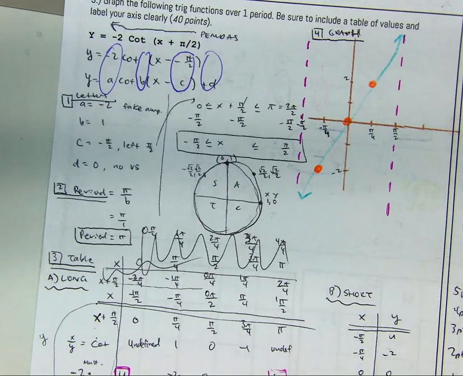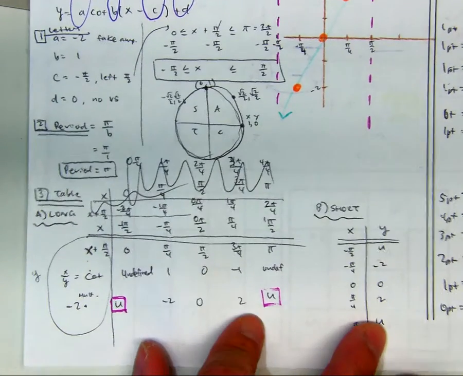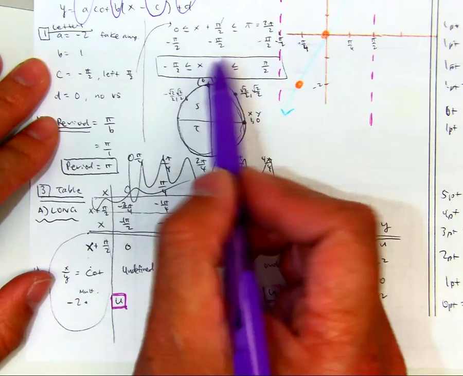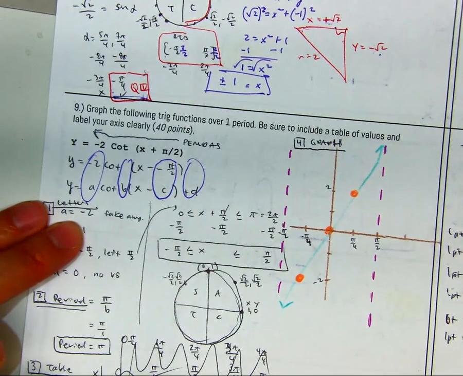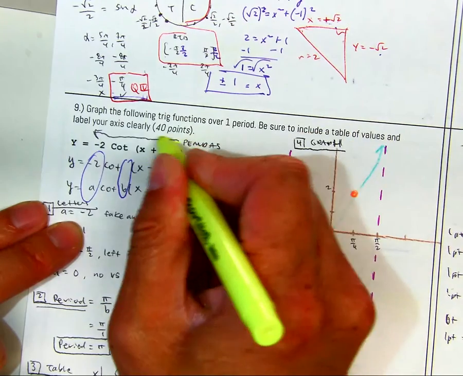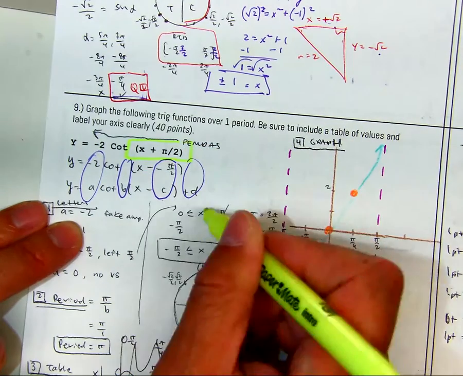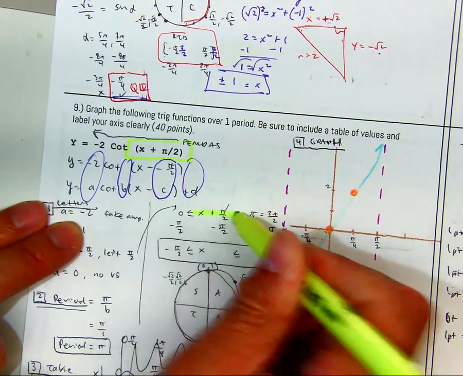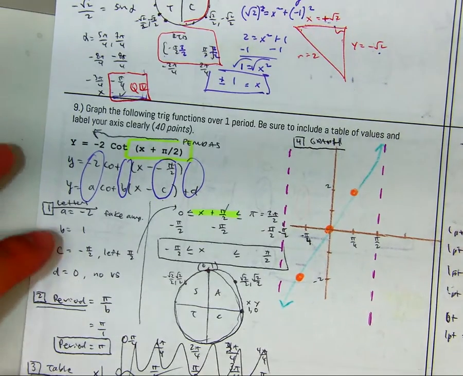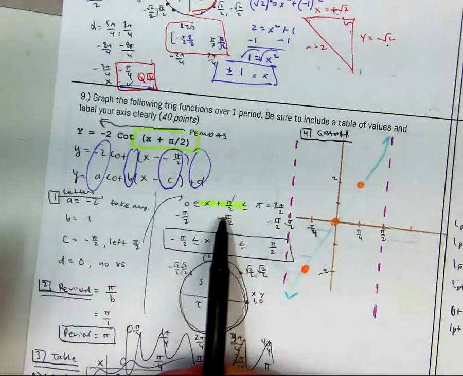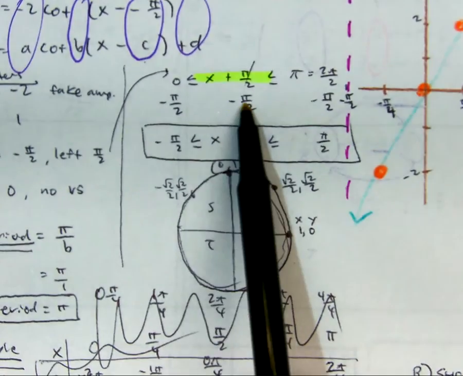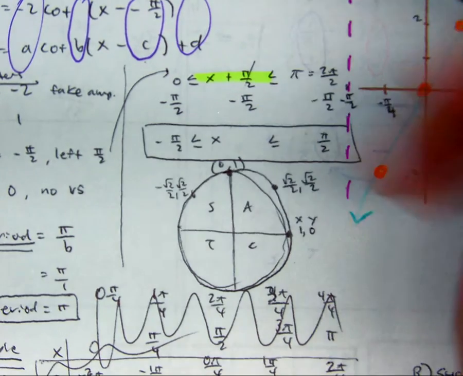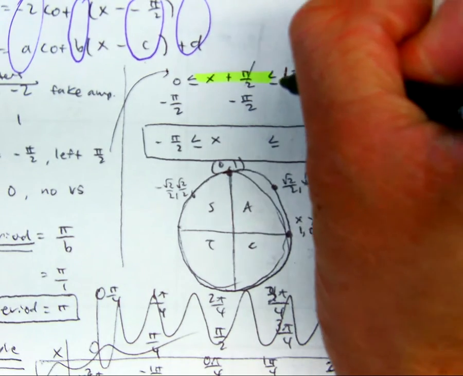How do you make a table? Well, in this problem you do. Everything to the right of the trig function, if you take the d value away, you're always going to put that between your period, which is 0 and pi. So in this case, if you subtract pi over 2 from both sides, all sides, remember pi is 1 pi over 1 multiplied by 2 over 2.